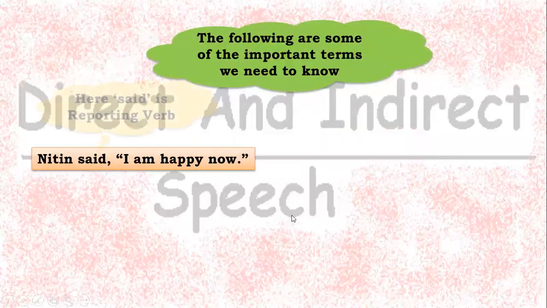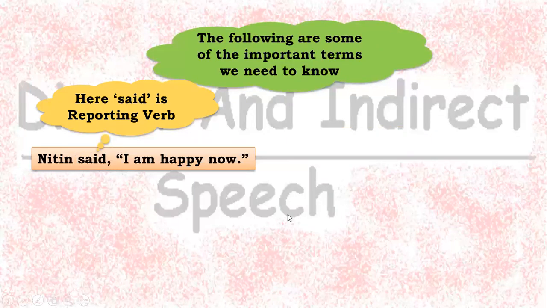Now, we have also learned that there are two verbs in any sentence of direct speech and indirect speech. Right now we are only talking about the direct speech. Any verb which is outside the inverted commas, that is the double inverted commas, is known as bahar ka verb or reporting verb. So which is the reporting verb here?